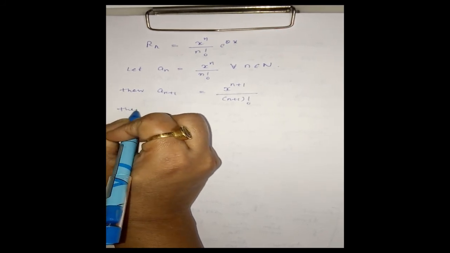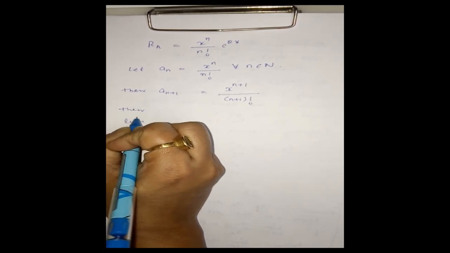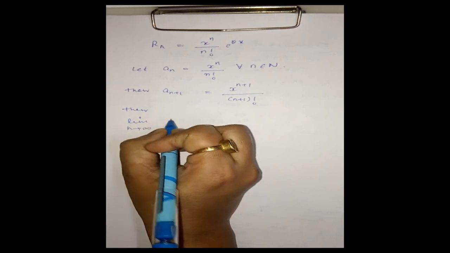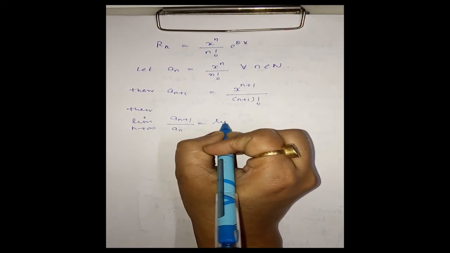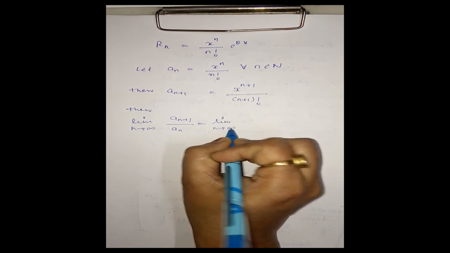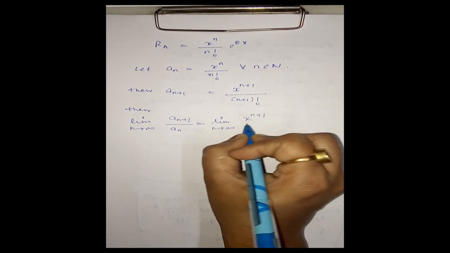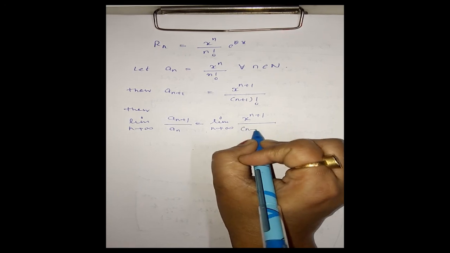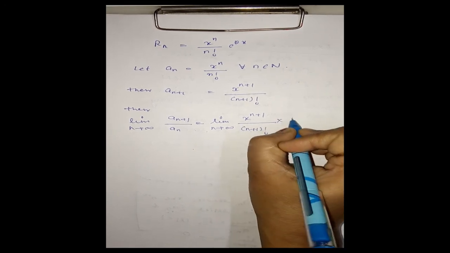Then the limit as n tends to infinity of a(n+1) divided by an will be the limit as n tends to infinity of x^(n+1) divided by (n+1) factorial into n factorial divided by x^n.